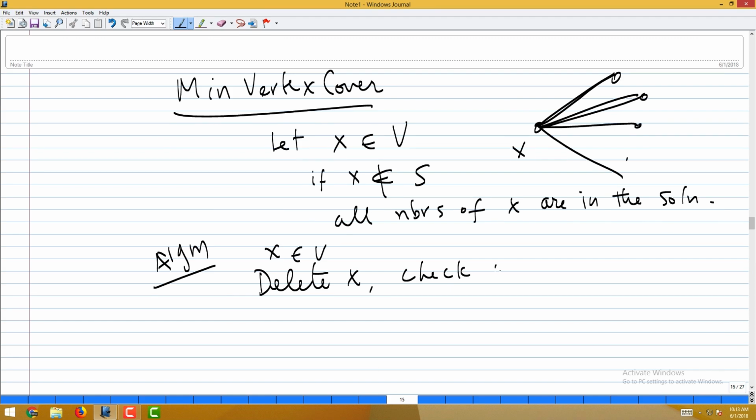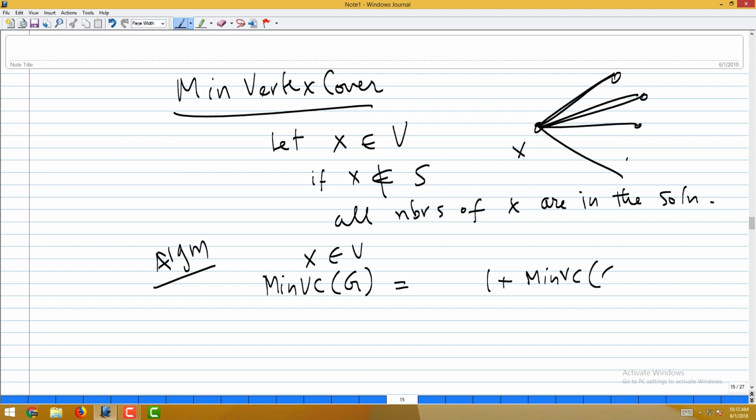The minimum vertex cover of g, sort of like the dynamic programming kind of thing but in branching, is equal to: 1 plus the minimum vertex cover of g minus x, or degree of x plus the minimum vertex cover of g minus the neighborhood of x.